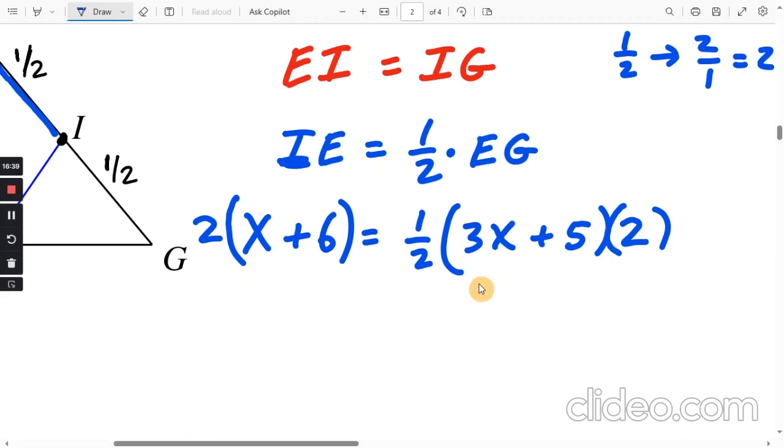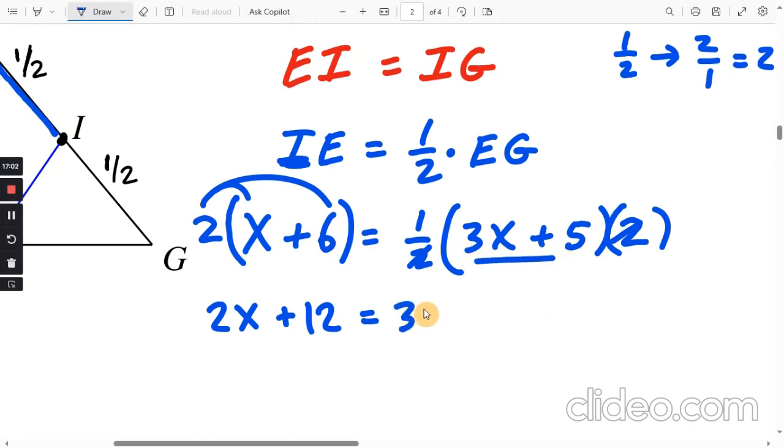And what happens on the right? Well, 2 divided by 2 cancels. All right, and you're left with a 1. You don't have to distribute a 1, because 1 times anything is the same thing. Distributing the 2, 2 times x, and 2 times positive 6 is positive 12. Keep the equal sign, and we're left with 3x plus 5. All right, solving for x, you can go either way. I usually subtract the smaller x. So 2x is less than 3x. I'm going to subtract that.